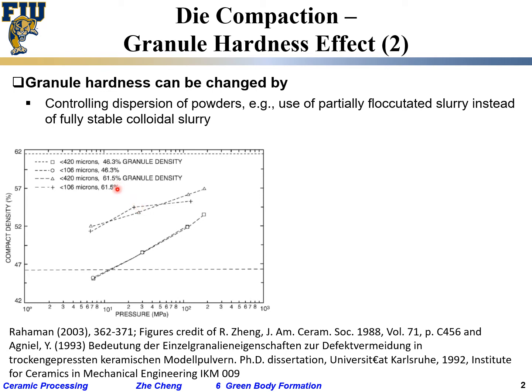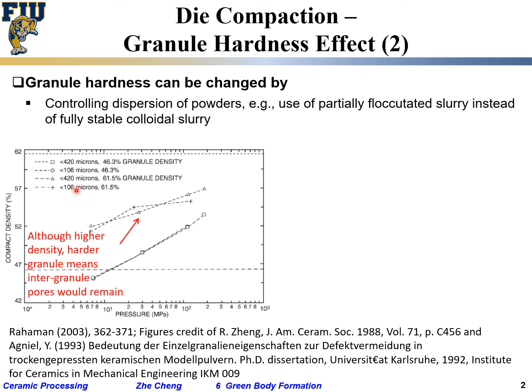They start with higher granule density, and when you pack, they pack to overall higher density. Of course, for each of these sets, I have two different types of primary particles, like 420 and 106.